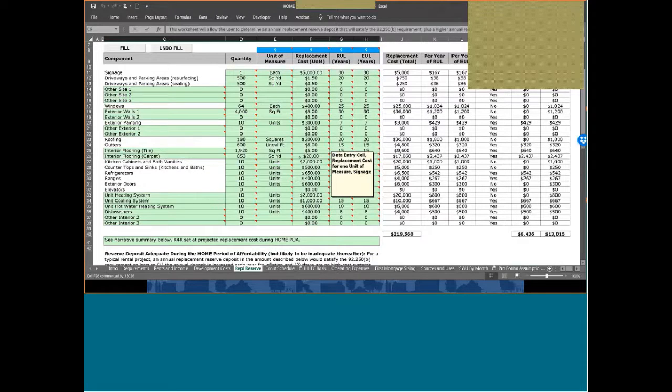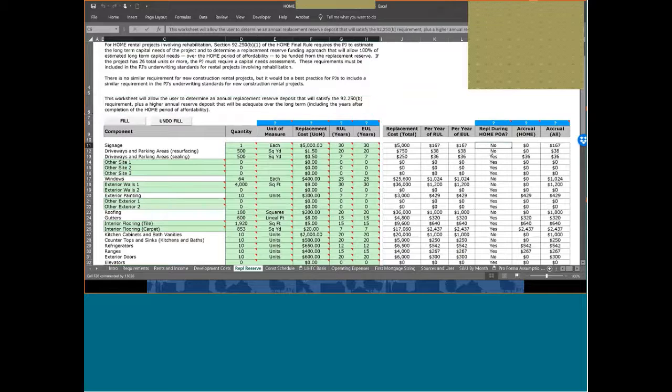This column here is critically important, and it asks, is that item going to need to be replaced during the HOME period of affordability? The answer for signage is no, it doesn't need to be, because you've got a 20-year period of affordability, and that item has 30 years of remaining useful life. So the replacement cost of that item is not going to accrue during the HOME period of affordability. But other items will. And so we've input our appliances, our flooring, our mechanical items, and so forth.